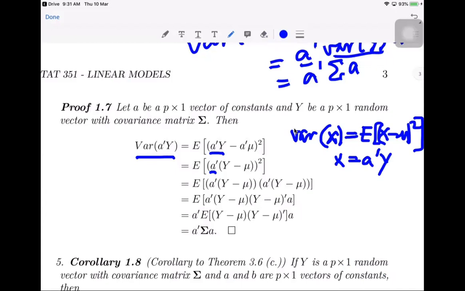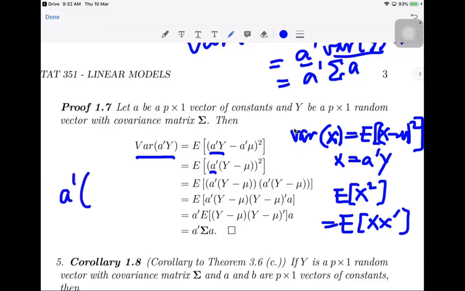And then, as I have said in the multivariate setting, the square there is actually equal to XX prime. So what happened here is that you have A prime times Y minus mu, then Y minus mu prime. A prime is distributed to all of them.